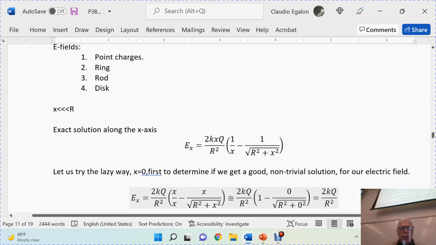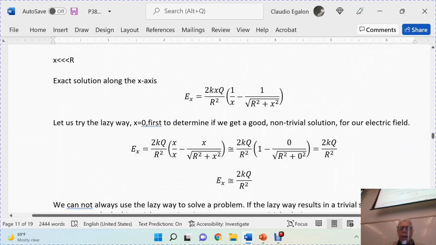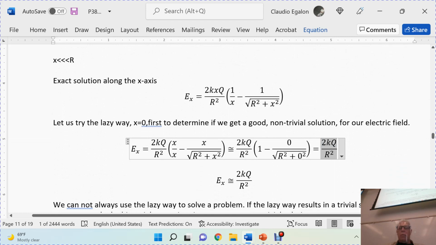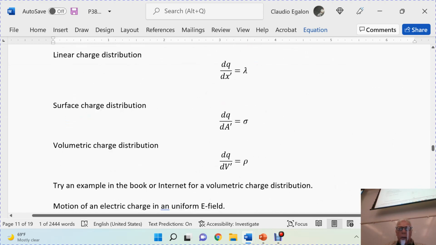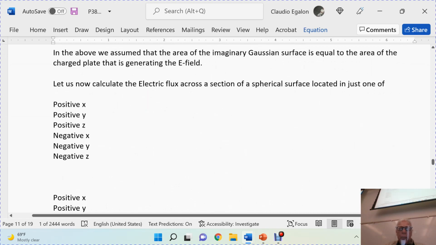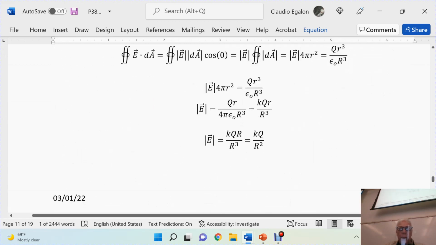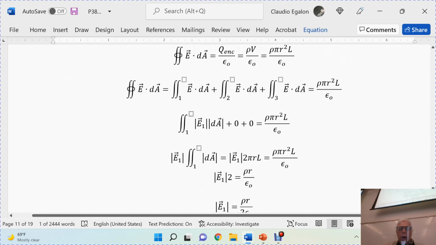R much greater than x. And then, okay, that's what I got. Here you go: 2KQ over R squared. Let's see how this 2K over R squared compares with what we got here.